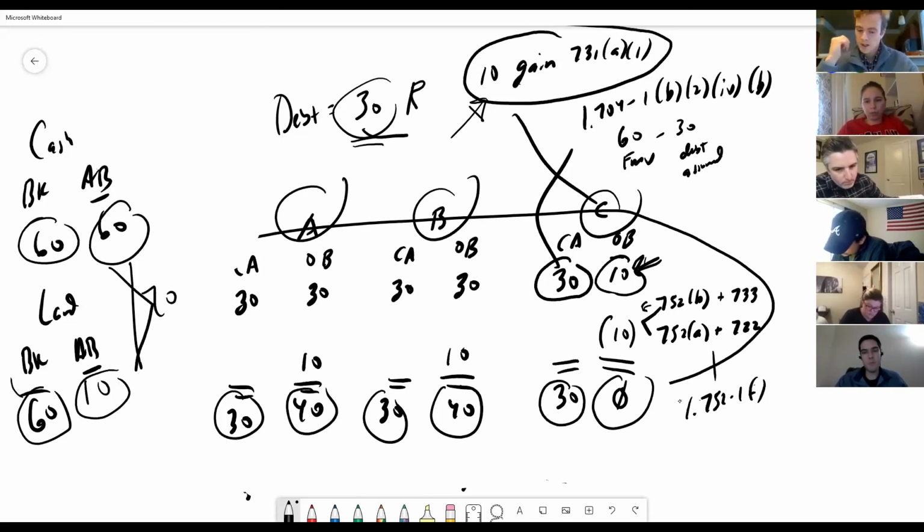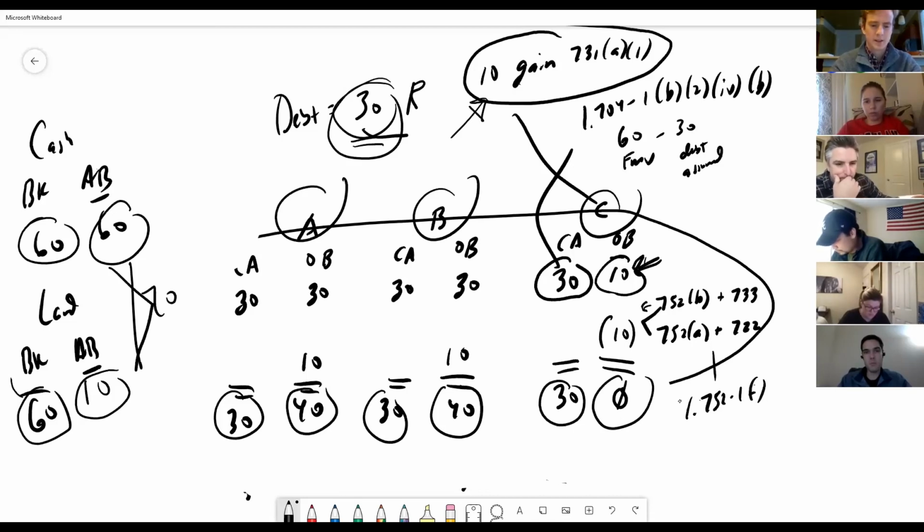Let's just say he says to A and B, look, if you are ever called to pay any of this debt, I will indemnify you for half of whatever you're called to pay.